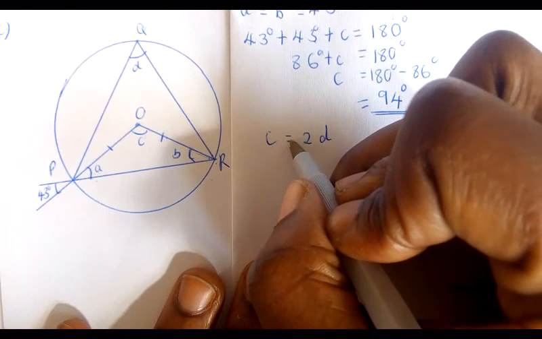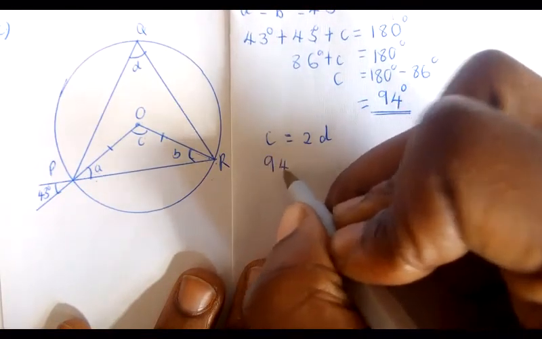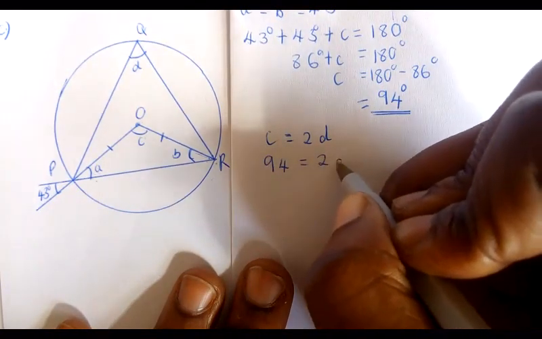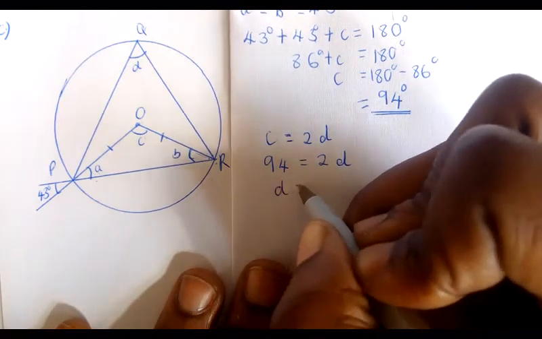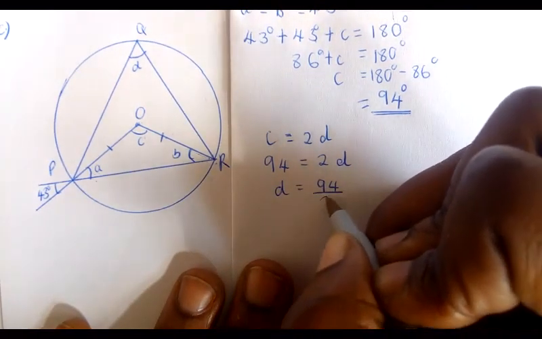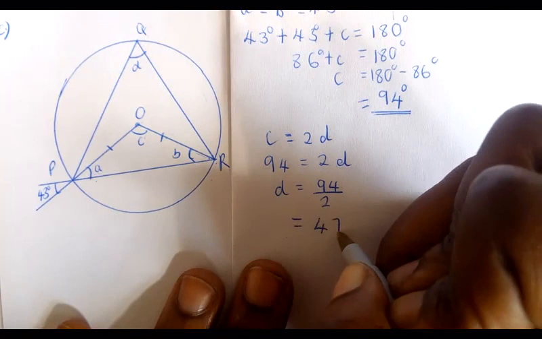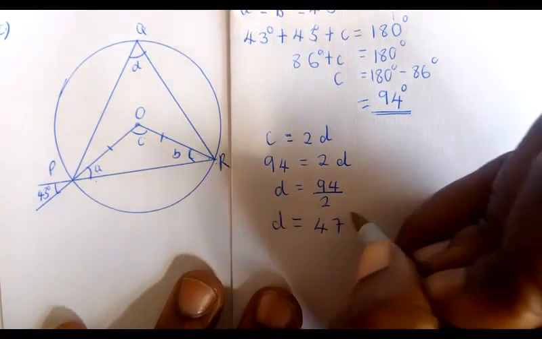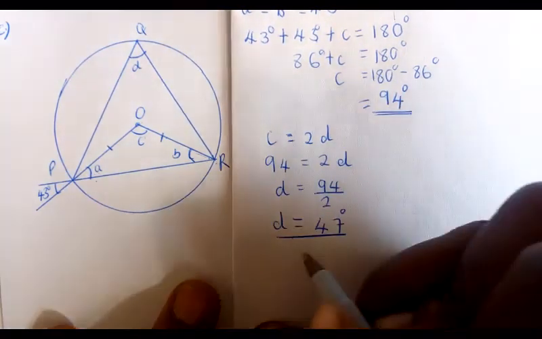So we can say that angle C, 94, is equal to 2 times D. D is equal to 94 divided by 2, which is equal to 47 degrees. So we now know that D is 47 degrees.